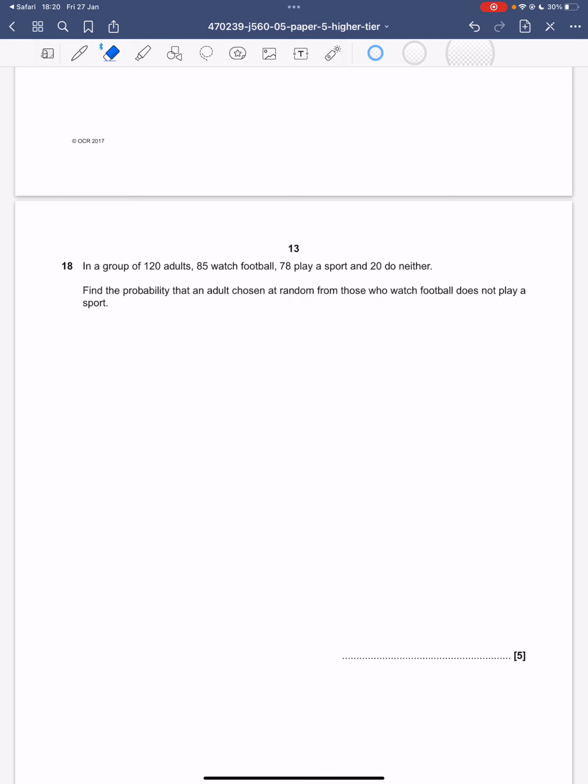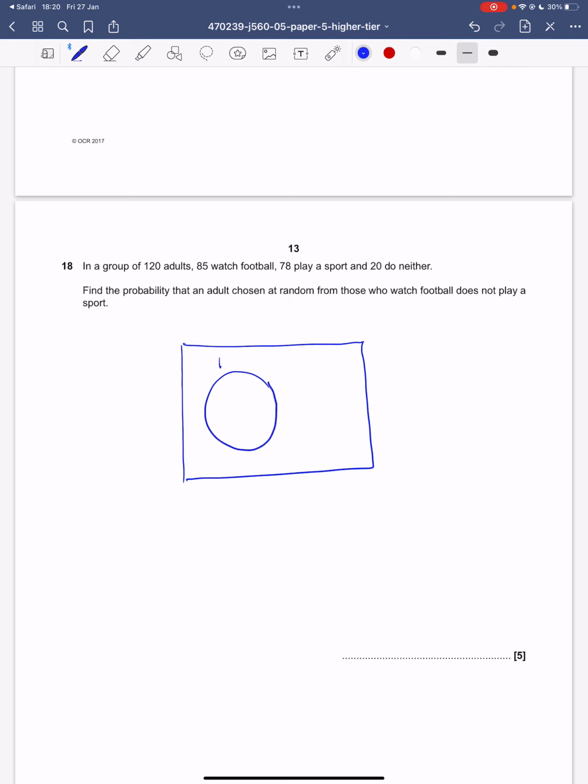Just say it's a Venn diagram, isn't it? Watch football, play a sport, 20 do neither, so put 20 outside there.